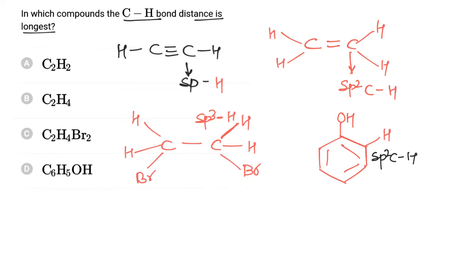Now if we compare the size of carbon atom, out of sp, sp2 and sp3 hybridized carbon, sp3 hybridized carbon atom has the largest size, hence bond length is maximum for the sp3 hybridized carbon and hydrogen bond, and hence maximum carbon hydrogen bond length is present in option C, and hence the correct answer is C.